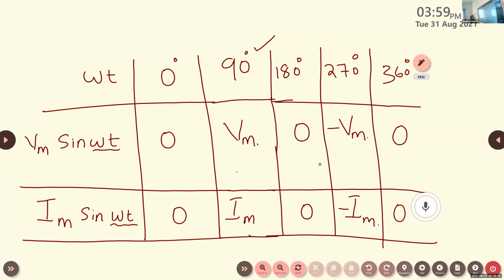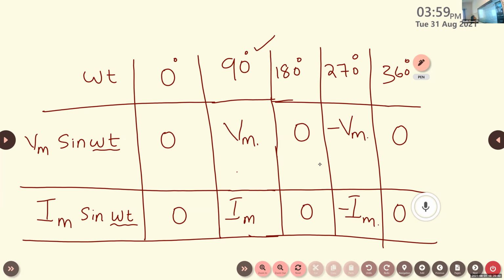Okay. So here we consider the phase angle as 0 degree, 90 degree, 180 degree, 270 degree, and 360 degree. Because we know that alternating current is a current that changes its magnitude and direction at alternating intervals, or changes at regular intervals with respect to time.